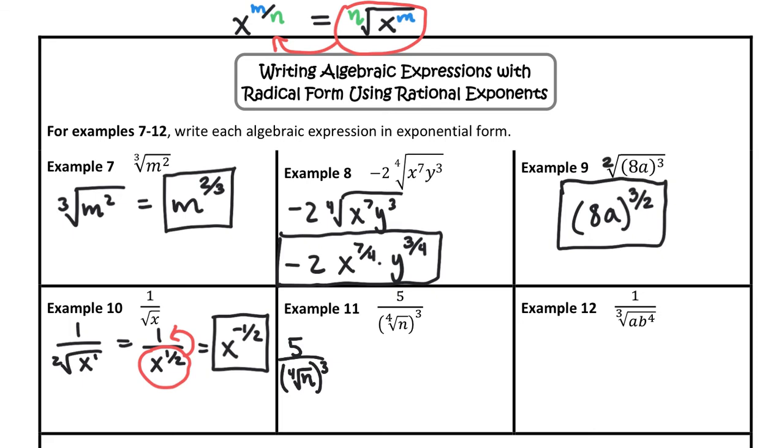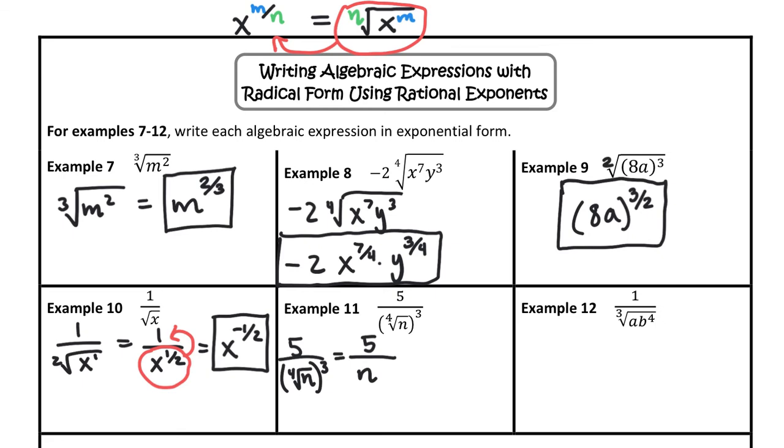Okay. And so bring over the 5. Then we still have n, and we want to change this to a fraction. So it's the number that's the power that's inside. So it's 3 divided by 4.